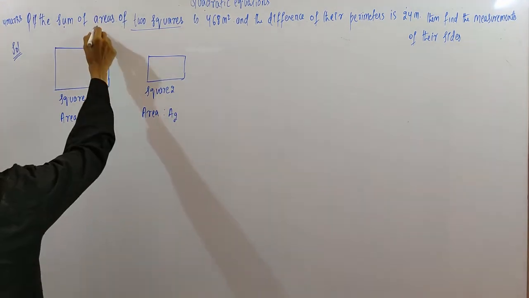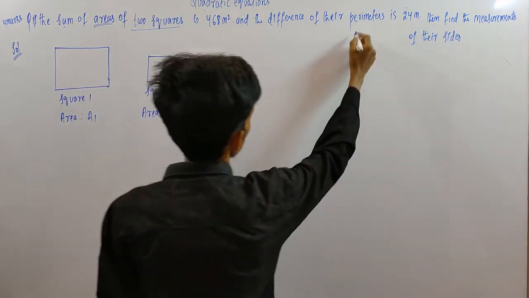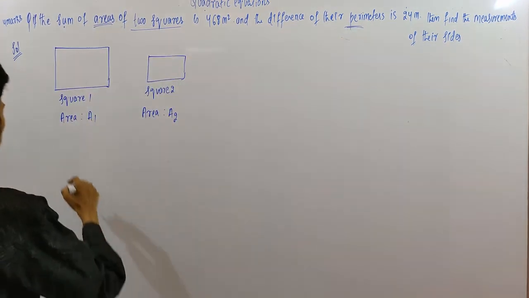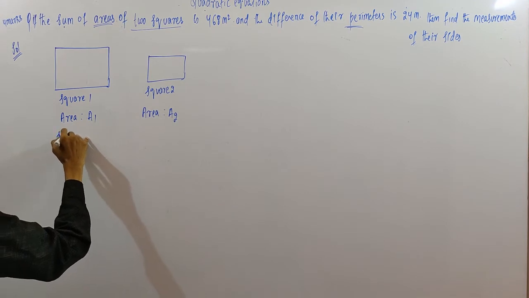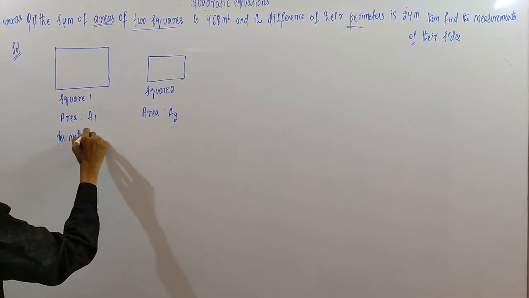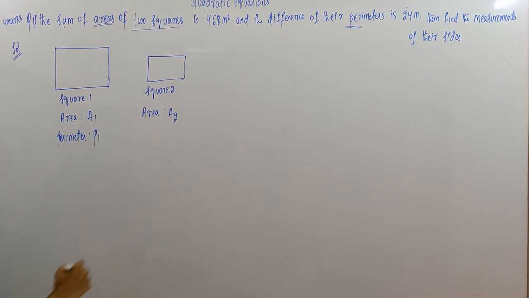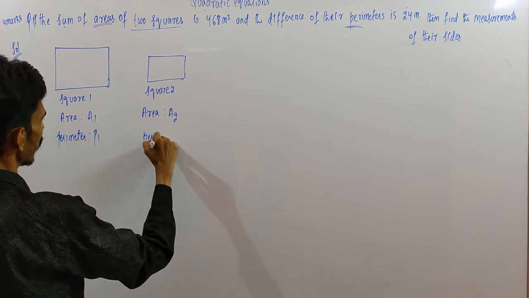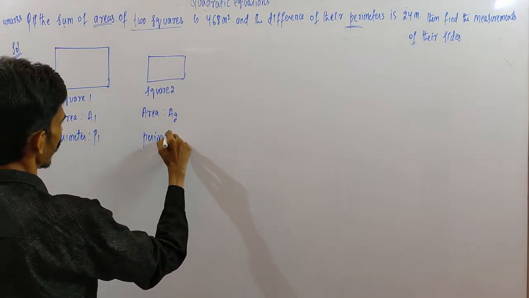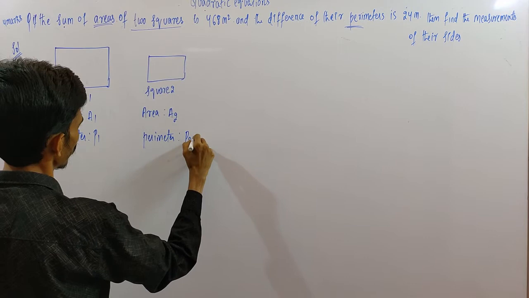Okay, we are talking about area and perimeter. Perimeter take as P1, here take perimeter P2.